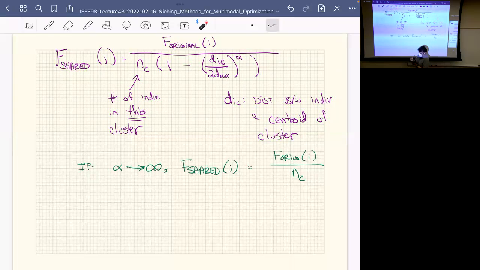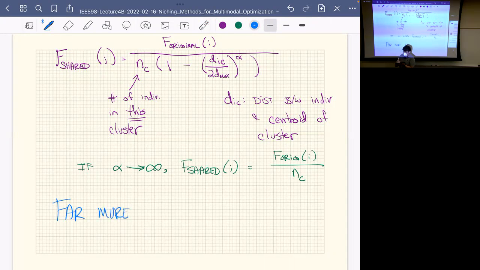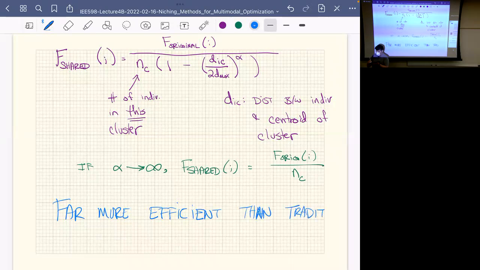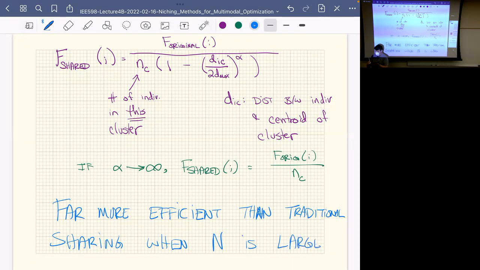And it is much more efficient, far more efficient than the traditional sharing when n is large, because there's a lot fewer individual to individual distances you have to calculate.